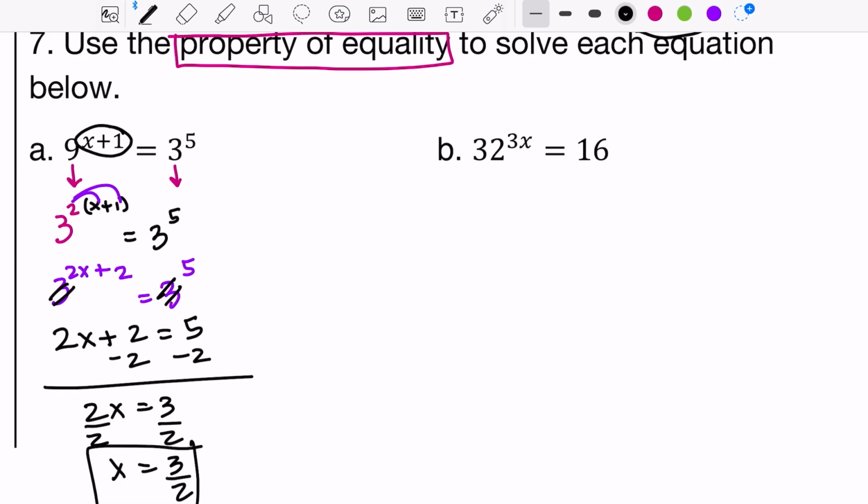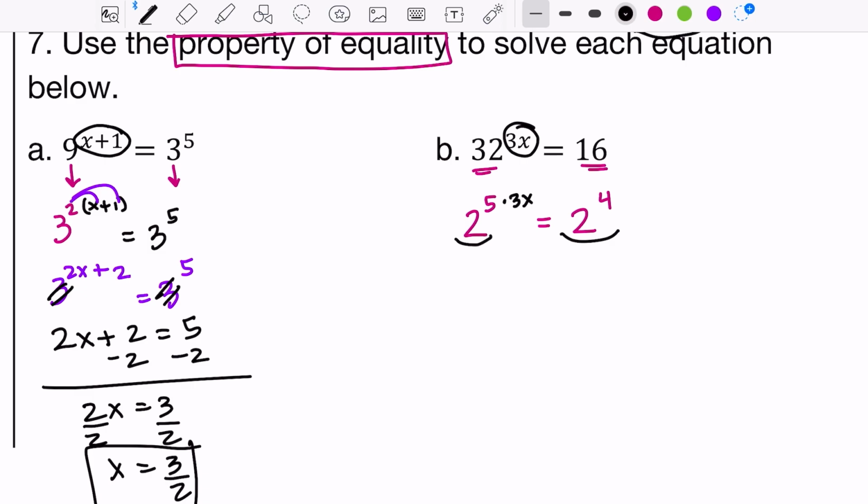This last one, we're going to see that we need to write 32 and 16 with the same base. 32 is 2 to the 5th power, but then we have that 3x right there, also in the exponent. And then we see that 16 is 2 to the 4th power. Again, these bases have to match.